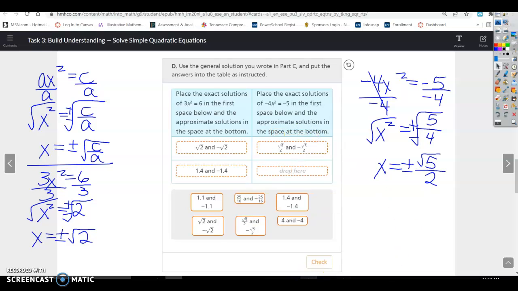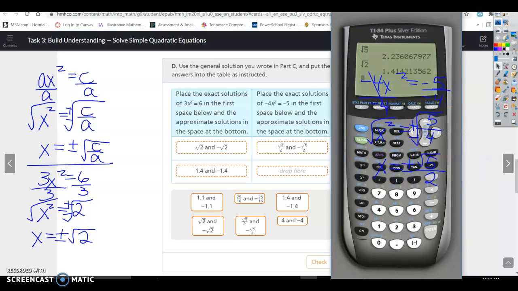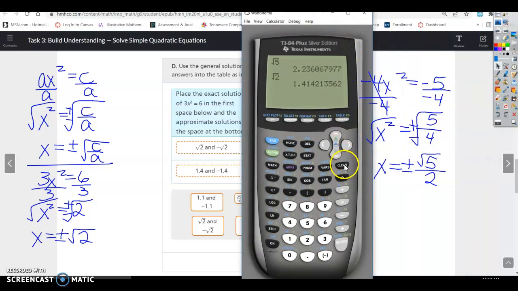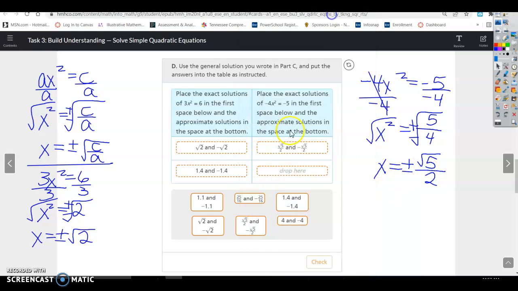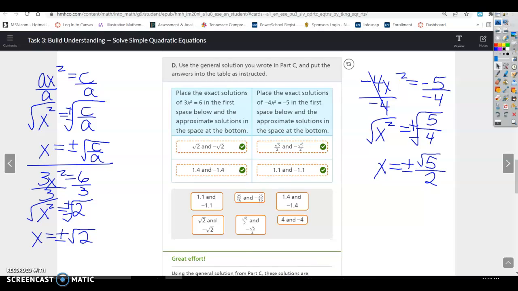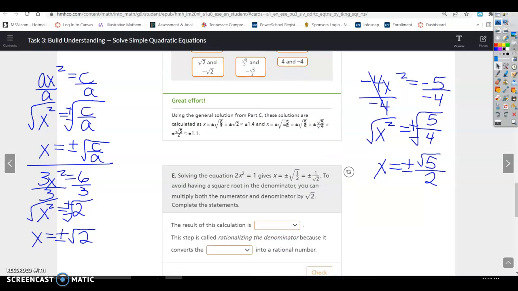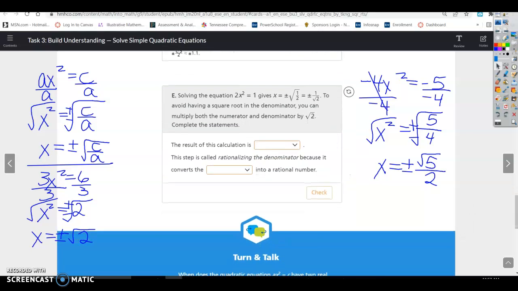And for my approximate answer, I'm going to do the square root of 5, and then divide that by 2. So that's going to be about 1.1. So here again is my exact answer, and here is an approximate answer. And sometimes they'll ask for an exact answer and sometimes an approximate.